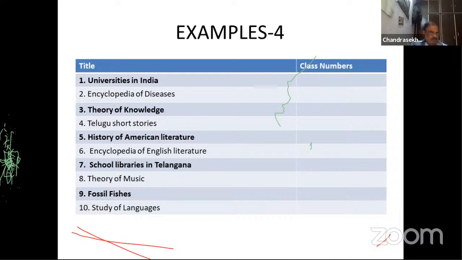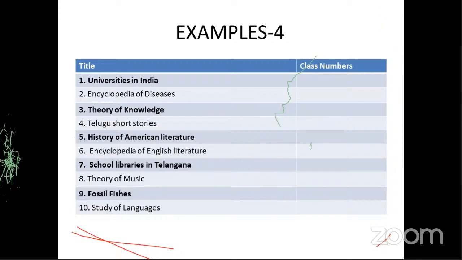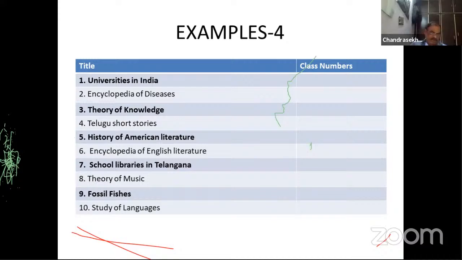So, not here. It's a little bit confusing. Fossil fishes actually come under fossil chordata; you can take that one. If we write 563 also, we can get marks, no, sir? Now here is 567.